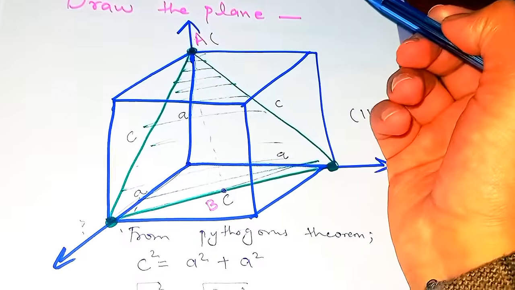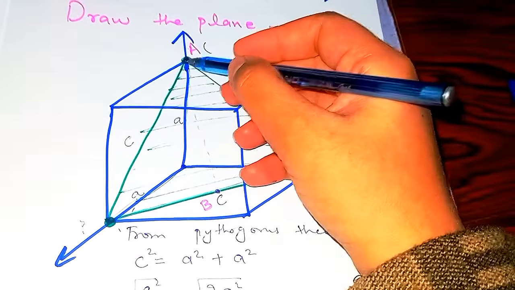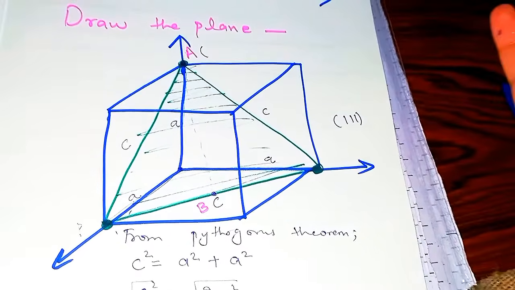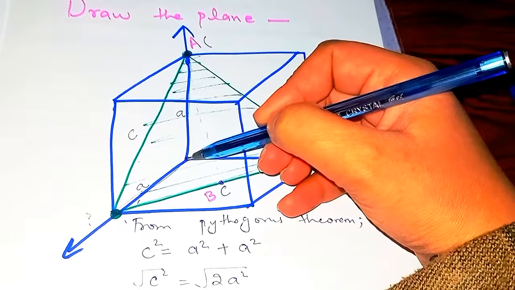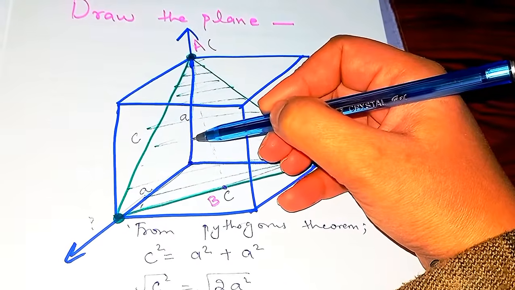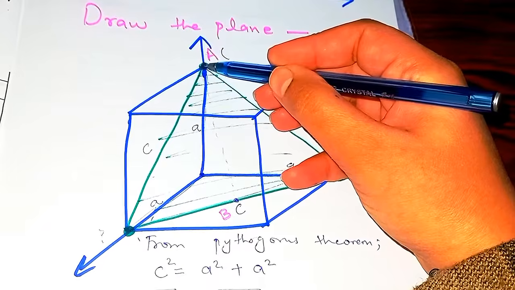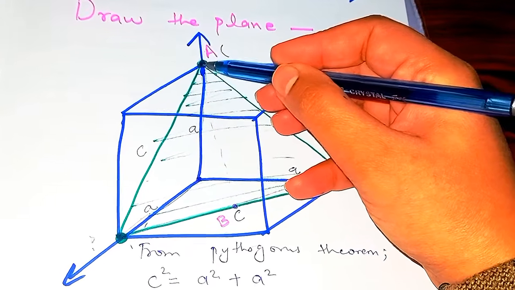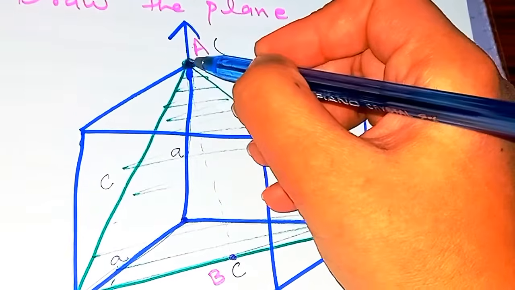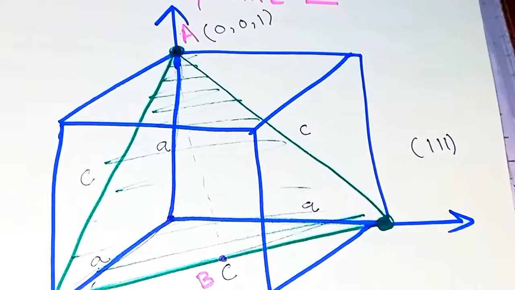Coordinates mean how much we have to move along x, y, and z to reach the point. Starting from the origin, I move 1 unit along the z-axis, to the other corner of the unit cell, and I have reached this point, without needing to move along x and y. So it's 0 along x, 0 along y, and 1 along z.